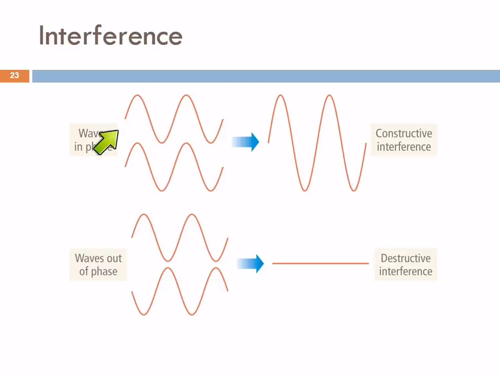So here are two waves that are in phase. Their peaks line up. And so when they interact, they add together and they get larger. Their speed is the same, their frequency and wavelength are the same, but the amplitude changes. When we have waves that are out of phase, here we've got positive here and negative there.